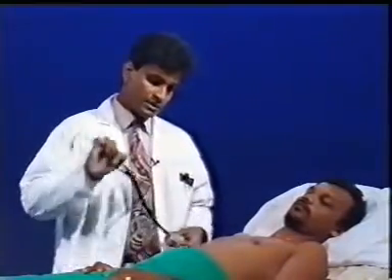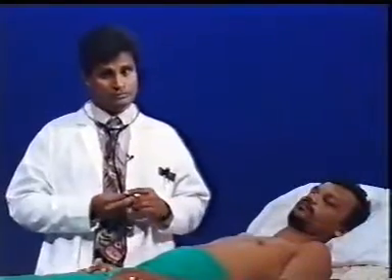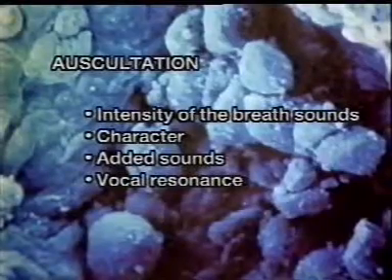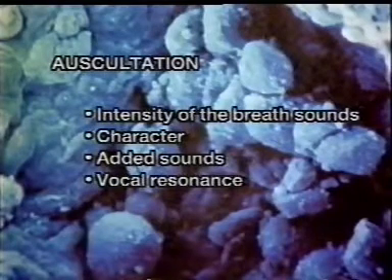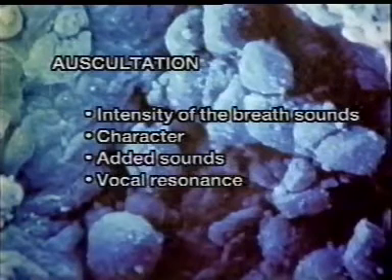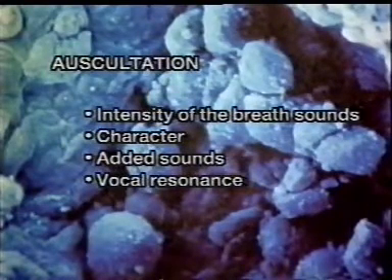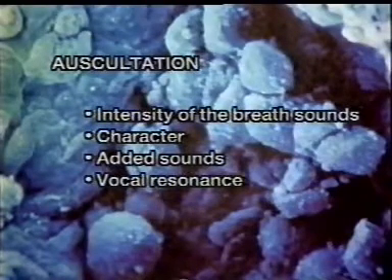When you auscultate, there are 4 aspects you should pay attention to: intensity or the loudness of the breath sounds, which reflects the air entry, the character of the sounds, whether it's vesicular or bronchial, whether there are any added sounds such as crepitations or rhonchi, and lastly, the vocal resonance.